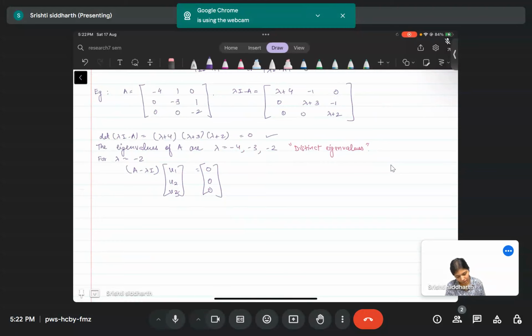The matrix is minus 4 minus lambda, minus 3 minus lambda, minus 2 minus lambda, times the vector equals the zero vector.